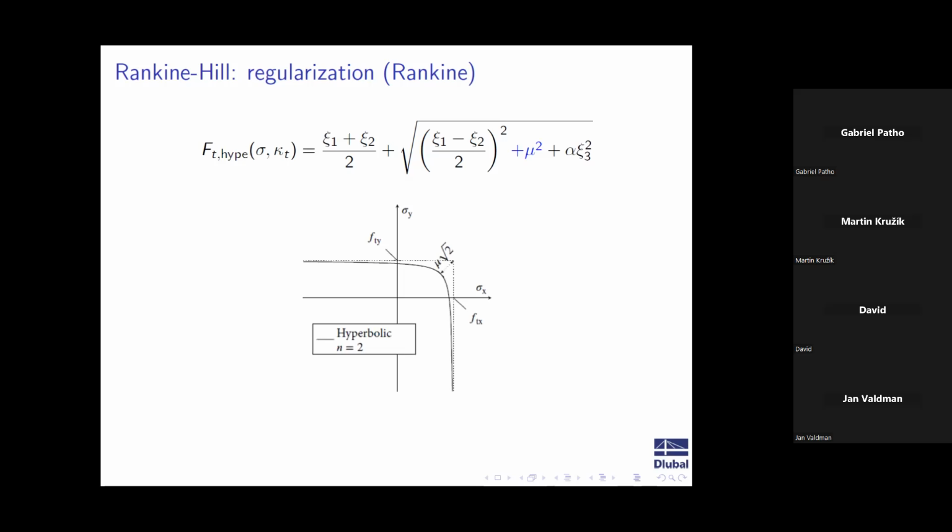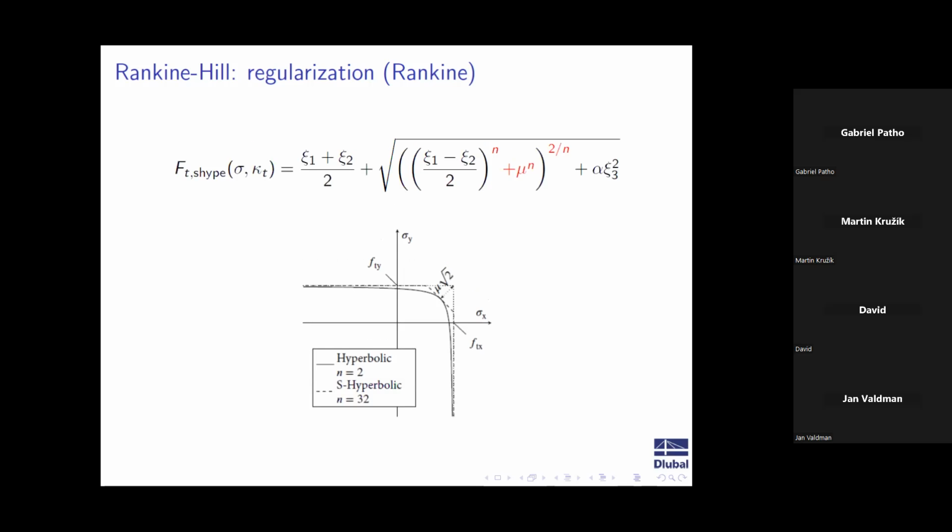What you basically do is add some regularizing term, this mu square, which renders my non-smooth surface into a hyperbola. And in turn, we can use so-called superquadrics, which in this case is a super hyperbola.